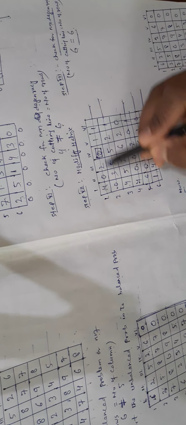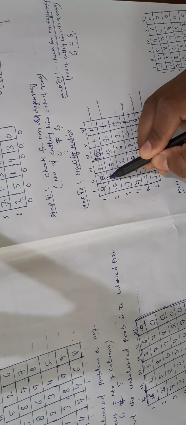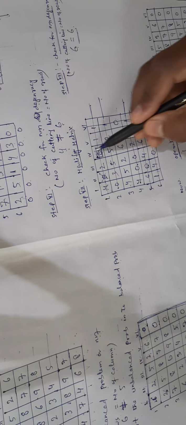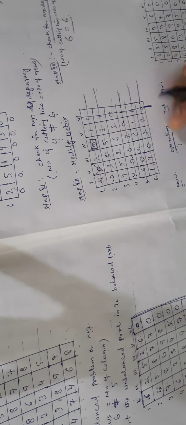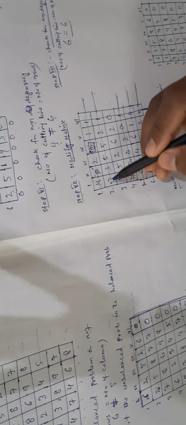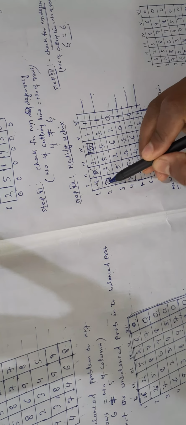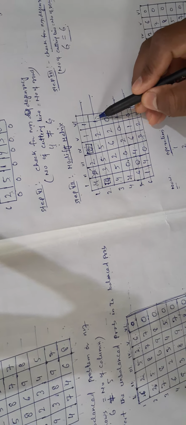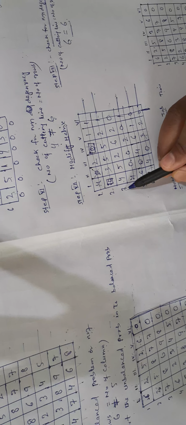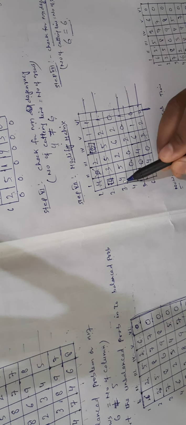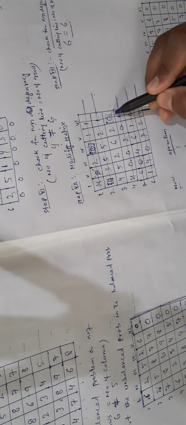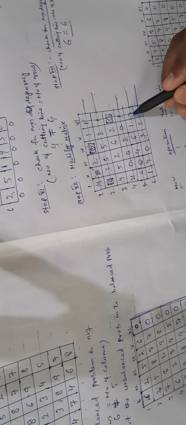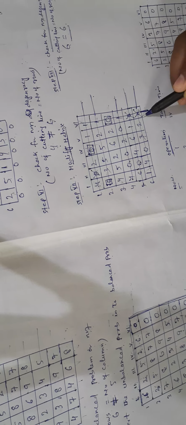In this column this 0 should be cancelled, and in this column there is no 0, so leave it. Next, here there is no 0, so we have to assign this one 0. In this column there is no 0. Next, third row, there is only this 0, assign this one, and in this column there is this one 0 and this one 0, you have to cancel here.